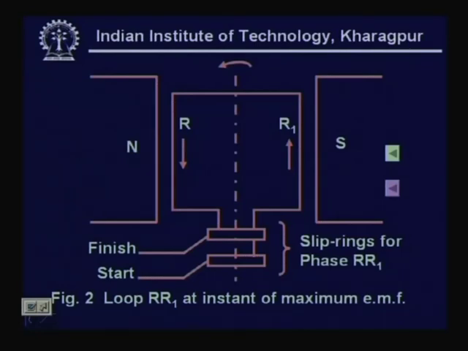Now, as there are three coils or three loops fixed at 120 degrees to one another, you will find that there is a time lag equivalent to 120 degrees of rotation in attaining a maximum.